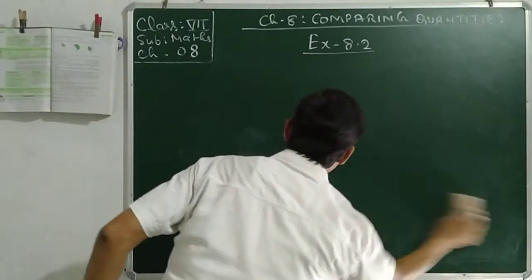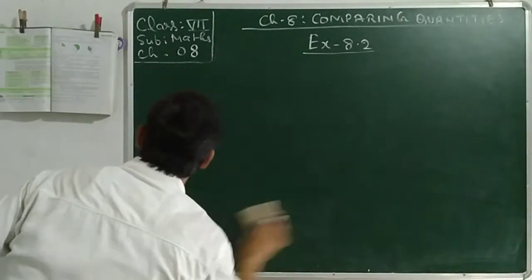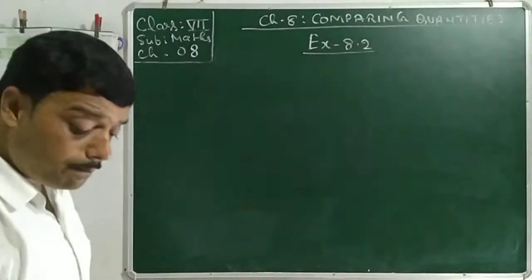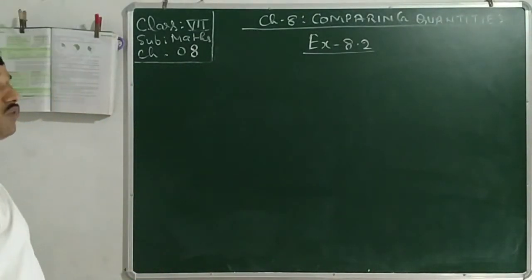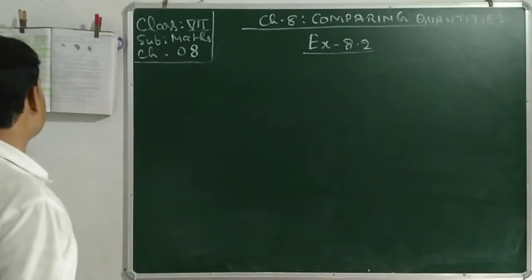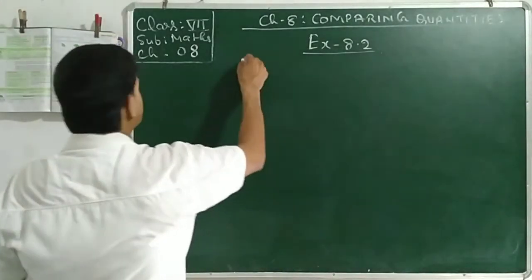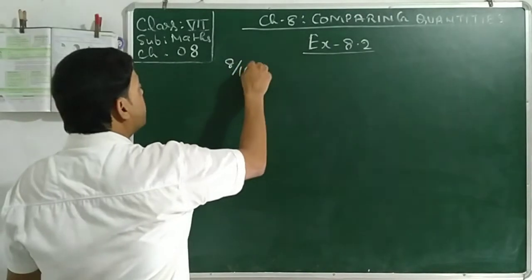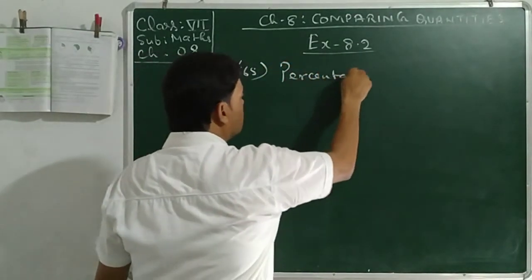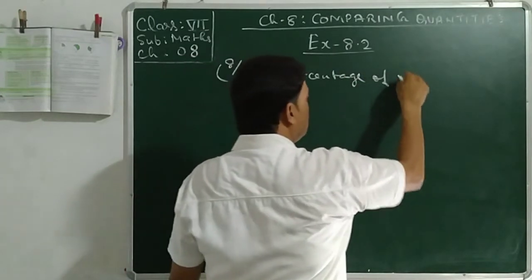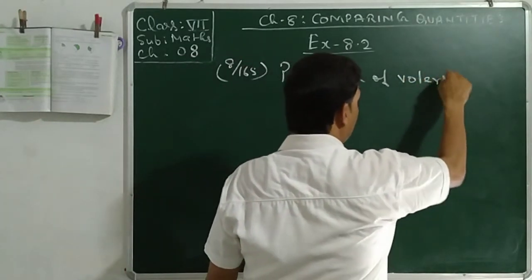In the 8 number, see, out of 15,000 voters in a constituency, 60% voted. Find the percentage of voters who did not vote.